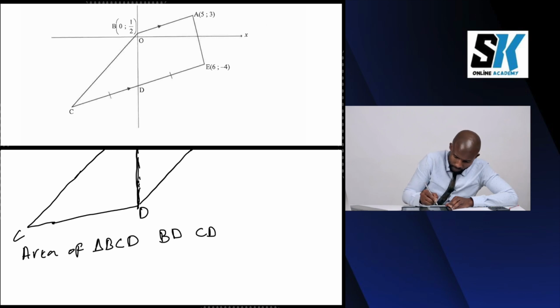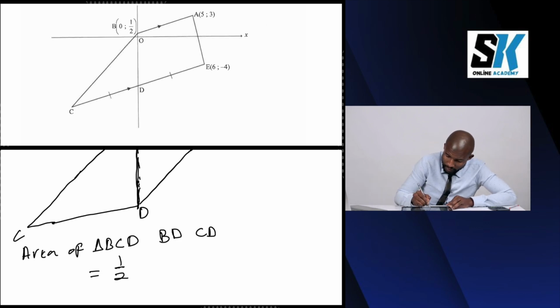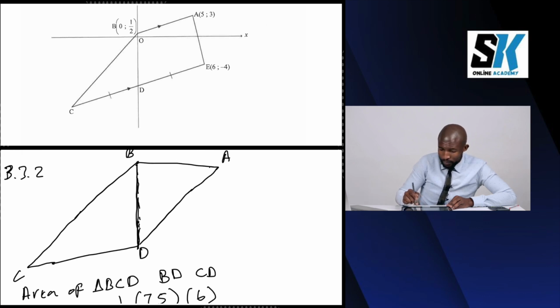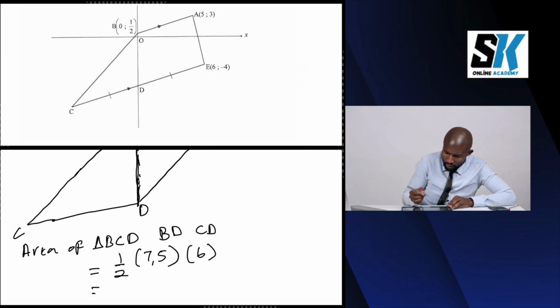So the area of that triangle is going to be half base times height, so it's going to be half times 7.5, and then times 6.